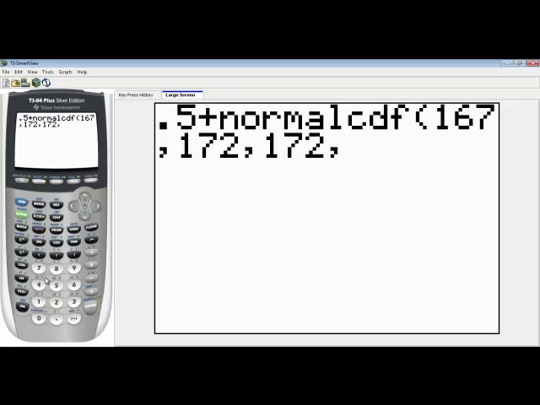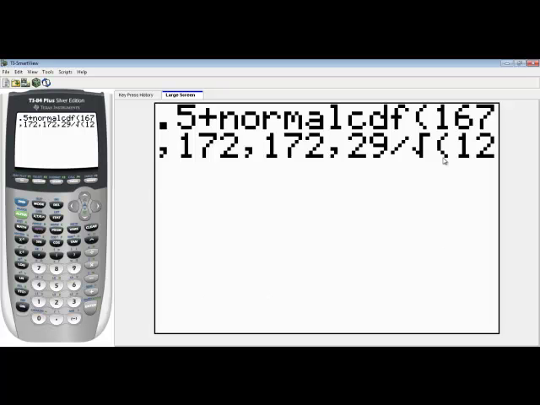And then the standard deviation is 29, but then I have to divide that by the square root of 12. So square root is over the x squared button. Second x squared will give you the square root, and then I can go ahead and put in the 12.